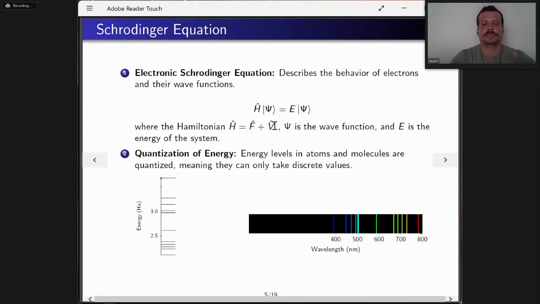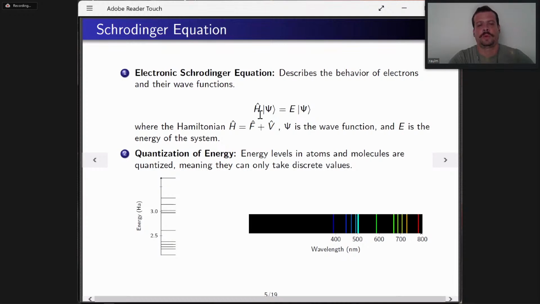And B will contain just the interaction between electrons. F is also called the one-body term, and B the two-body term. Psi is the wave function, what we want to obtain, and E is the energy of the system. So this is an eigenvalue equation. When we solve it, we obtain this wave function and the energy.